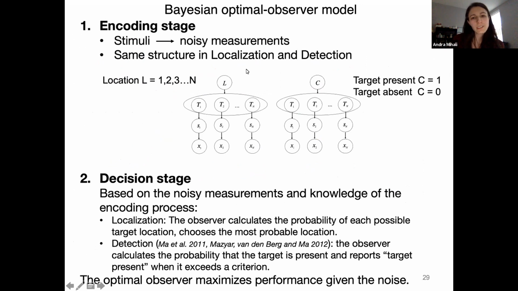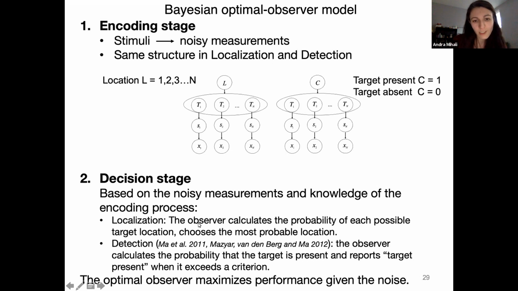And we noticed that the structure is the same in localization and detection, with some differences. For instance, we want to infer the location L, 1 to 3 or N, and we want to determine whether the target is present, which would be variable C being 1, and target absent, variable C being 0. In the decision stage, based on these noisy measurements and knowledge of this entire encoding process, the observers proceed as follows.